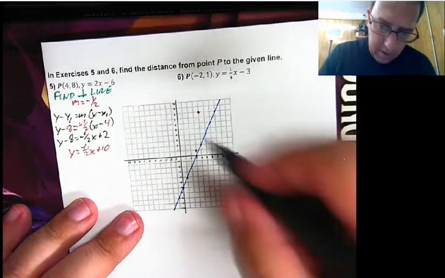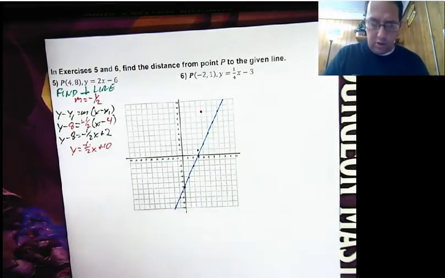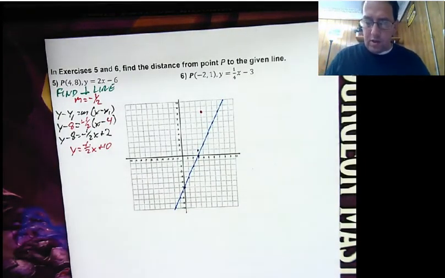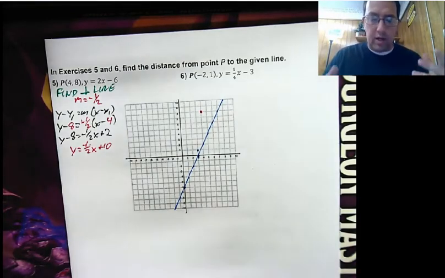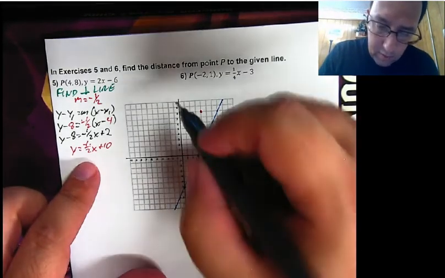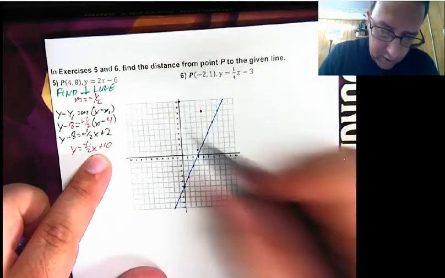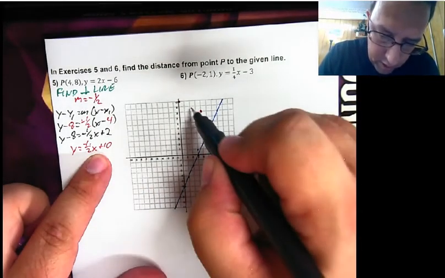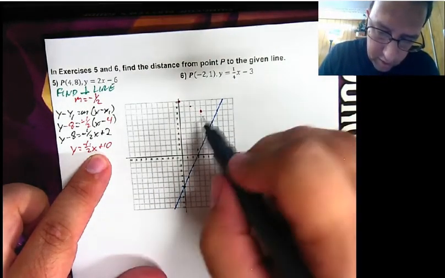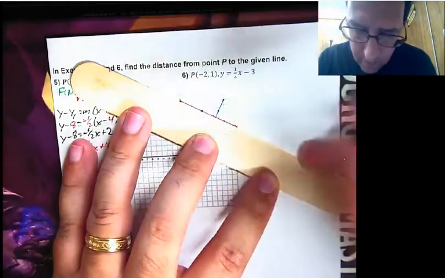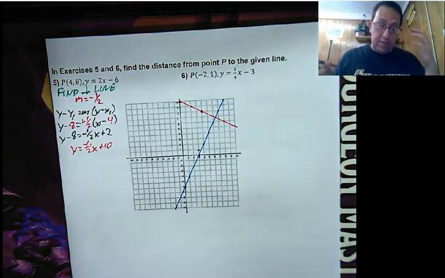There's point P. So this line here should be perpendicular to the given line, the blue line, going through that point. So let's see, starting at 10, our slope is going to go down 1, right 2. There it is. It does go through the point, so that's good. So there it is. We have our perpendicular line.